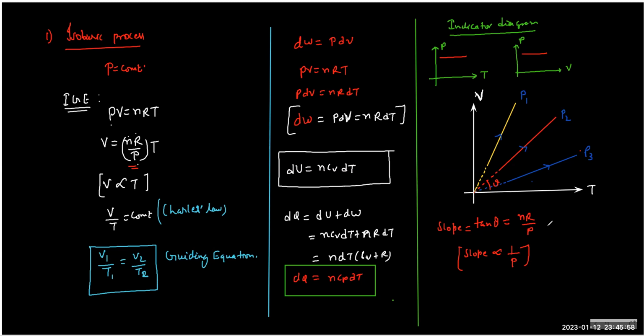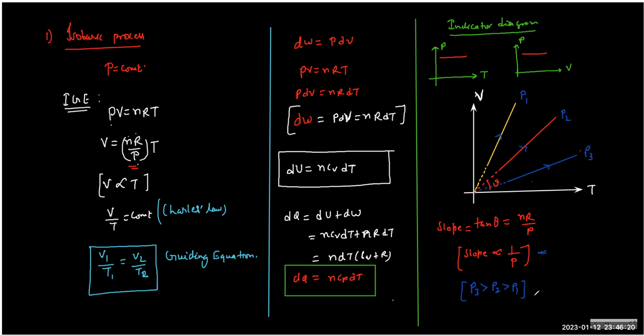Yes, this will help you in relating the pressure. The more the pressure, the lesser the slope. It's less steep. So which one is the biggest pressure? I think this is a very typical question you must have done before.